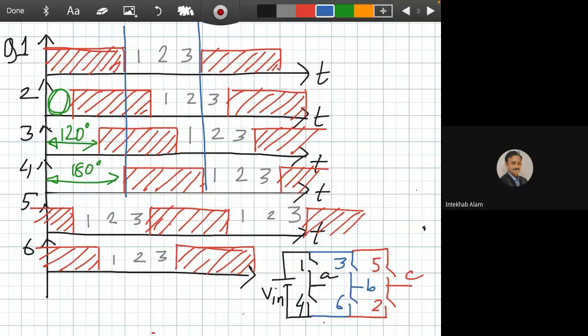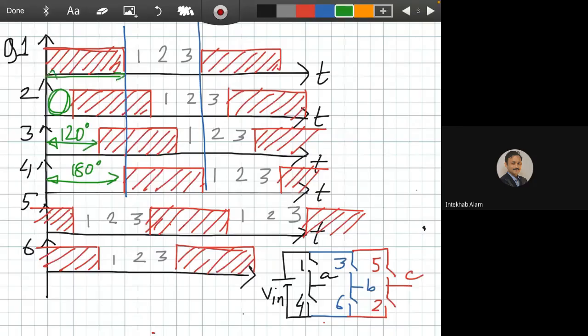Whatever the conduction is, we have to start Q4 after 180 degree of Q1, after the allocated time of Q1. Why have I used that term allocated? This is its allocation. Whether it is using it or not, we can define it later.